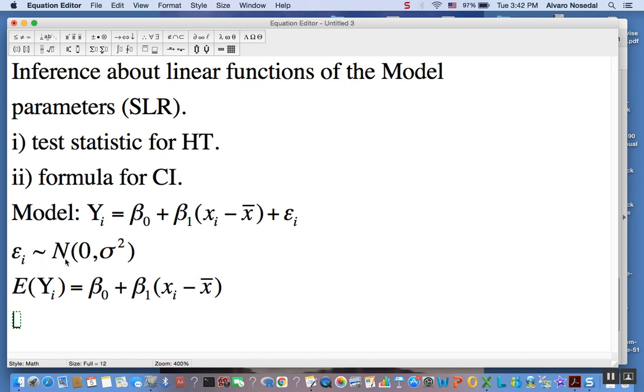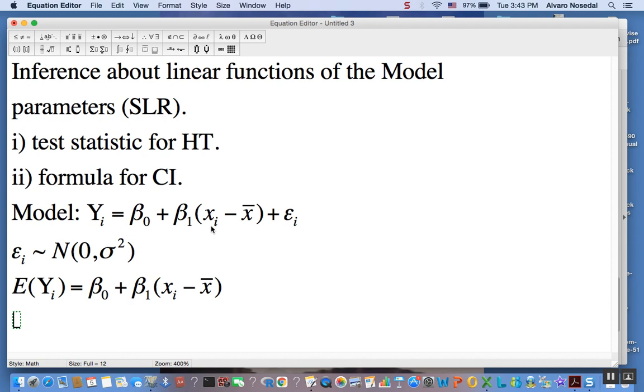Here, of course, we have these assumptions about the error term, that it's normally distributed with mean 0 and variance sigma square. That sigma square is constant, and it doesn't depend on the values of the predictor variable x. Okay, so there you are.